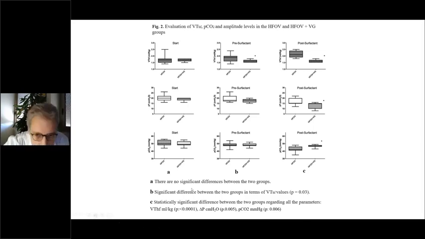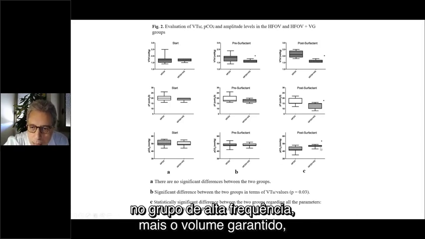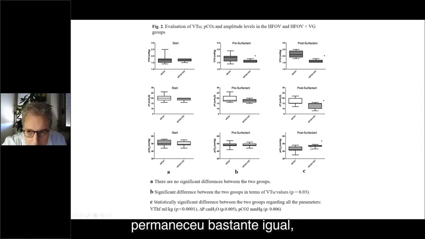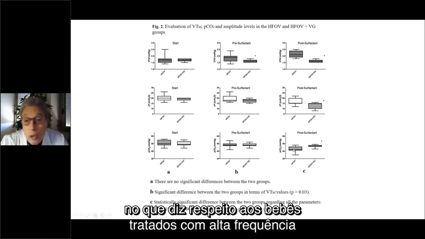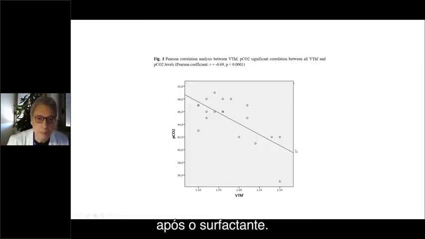And as the last observation, the PCO2 in the group of high frequency plus volume guarantee remains practically the same, with respect to the babies treated with high frequency without volume guarantee, in which the PCO2 significantly reduced after the surfactant.